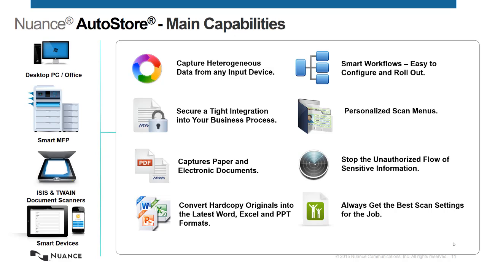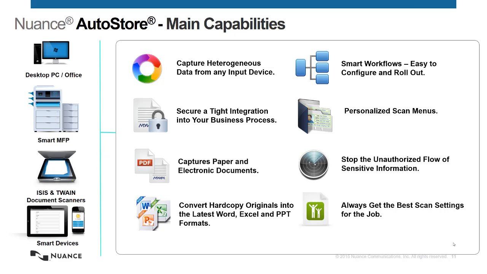Capturing from a desktop PC via AutoCapture or Web Capture, from a smart MFP with an embedded client, an ISIS or a Twain scanner using Quick Capture Pro, mobile devices or smart devices using Nuance Business Connect, or capturing from file import or email import via the file import processes. Capture can be done from any data source, providing a tight, secure integration method into business processes.